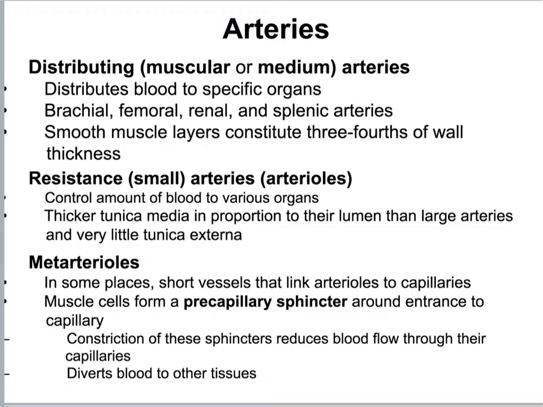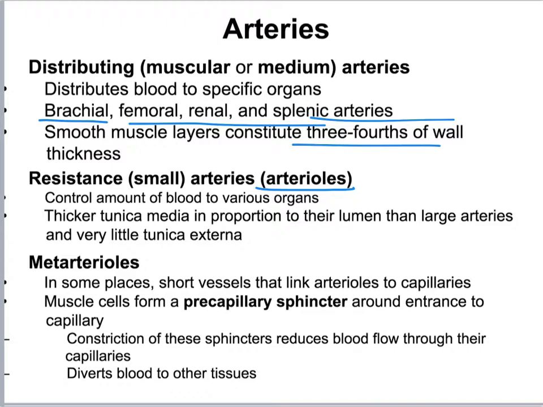Distributing arteries distribute blood to specific organs, your brachial, femoral, renal, splenic arteries, stuff like that. Thick smooth muscle layers to the walls, three-quarters of wall thickness. The arterioles are where most of the resistance takes place. And that's because they are of such small diameter to start off with.